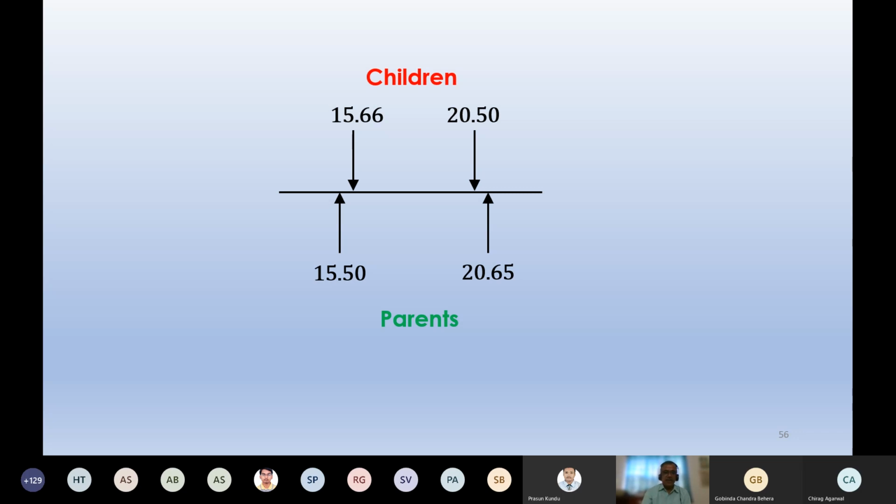Now you see, the difference between the two parents is this much and the difference between the two children's solutions is this much. And here alpha prime is 0.94. That means it is in the contracting zone. So the difference between the two children's solutions will be less compared to the difference between the two parents.